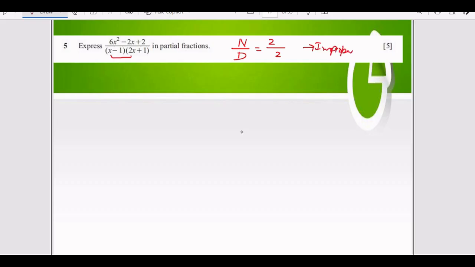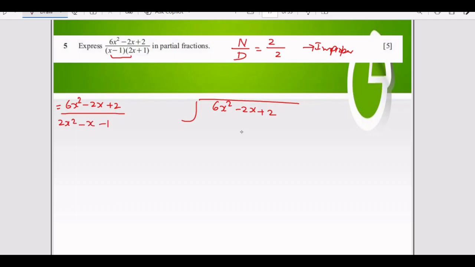So first I'm dividing this 6x squared minus 2x plus 2. We have to expand the denominator expression first. Expanding this, I got 2x squared minus x minus 1.